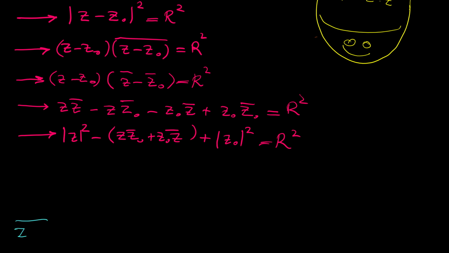So we want to show that the conjugate of z0, the conjugate of this term, is basically this. Let me show you the reason. The conjugate of z0 conjugate is equal to conjugate of z times z0 conjugate conjugate.